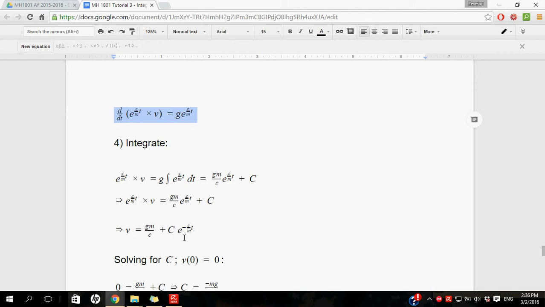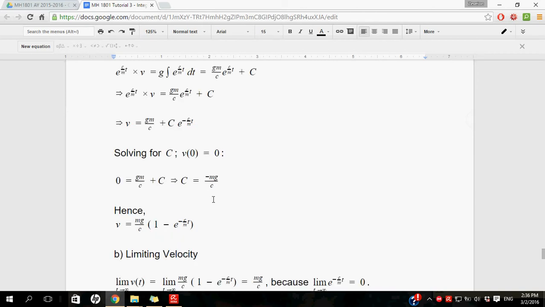When t equals 0, e to the 0 becomes 1, v is 0. Therefore, from this, we see that the constant equals minus mg over c. Putting that into our equation, we can simplify this, and this is the formula we get.